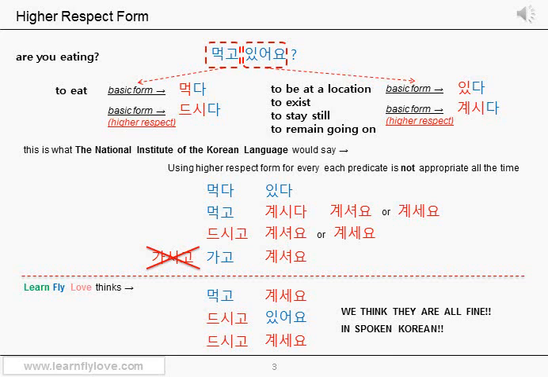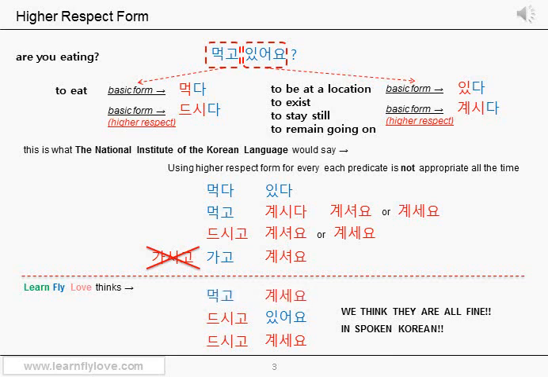But it's still hard to remember and we're not sure if there are exceptions or not. We think what the National Institute of the Korean Language says is not realistic, because in reality, people add the 시 sound to each predicate when they want to sound more polite. And people even make a mistake adding the 시 sound only to the first predicate sometimes.